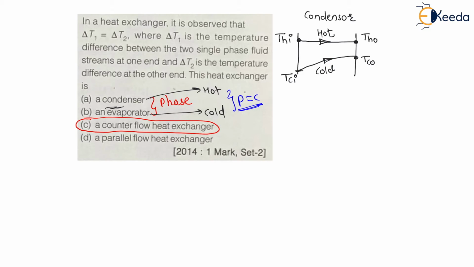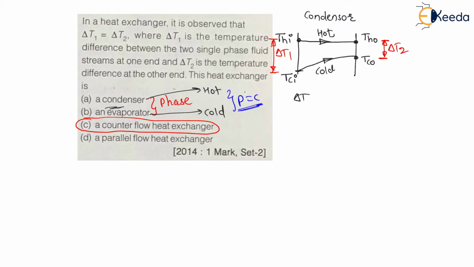Now here, this inlet temperature difference, Thi minus Tci, is nothing but delta T1. This will be delta T1. And the right side temperature difference, that is the exit temperature difference of both fluids, is delta T2. Now here, definitely you can say delta T1 is never equal to delta T2.